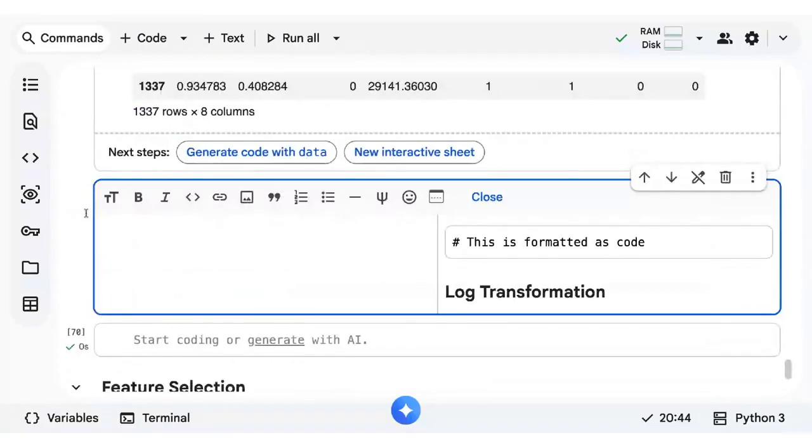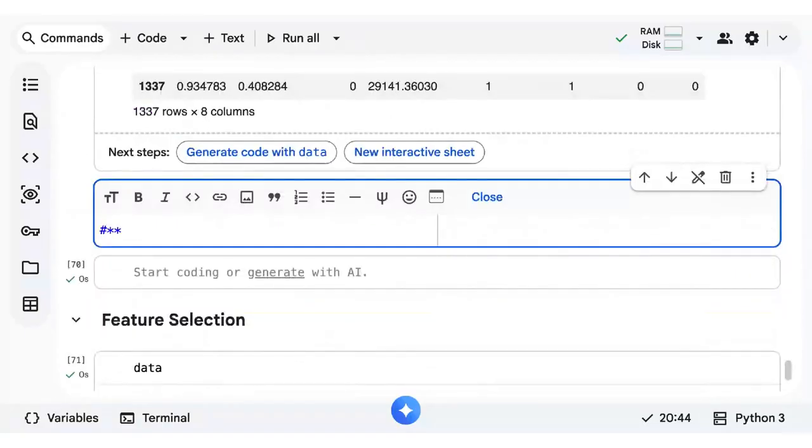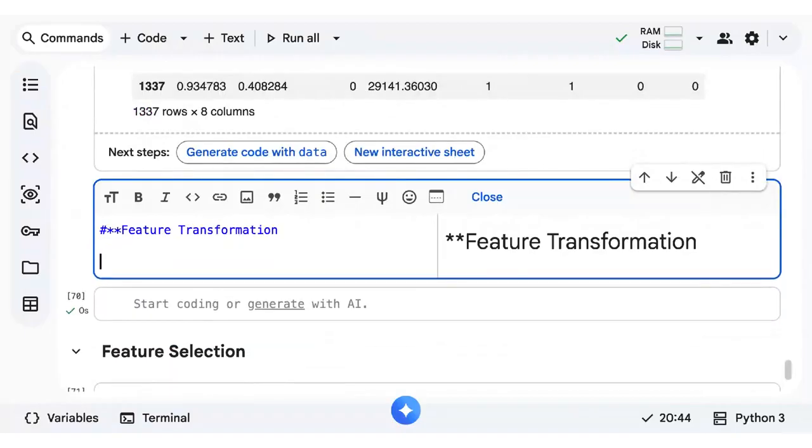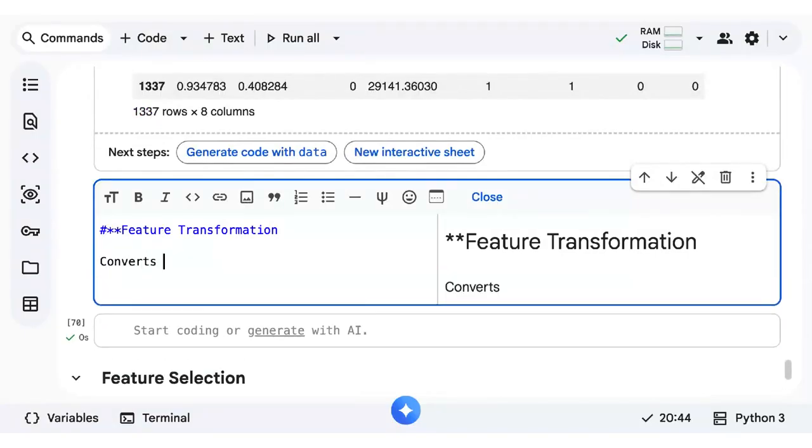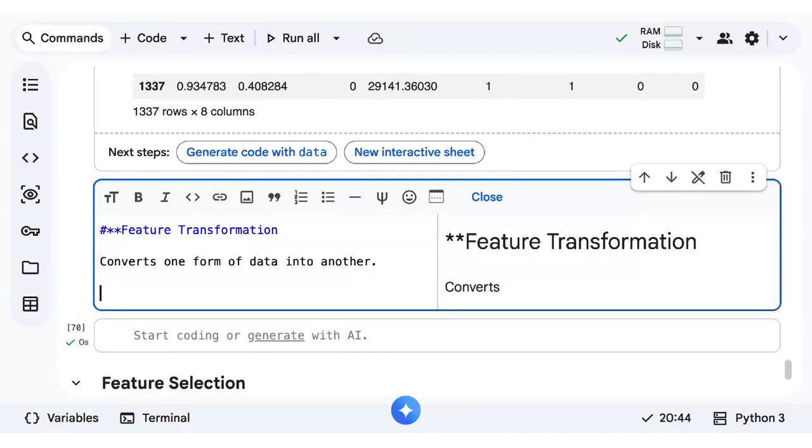Feature transformation converts one form of data into another. That means it focuses on changing the distributions.